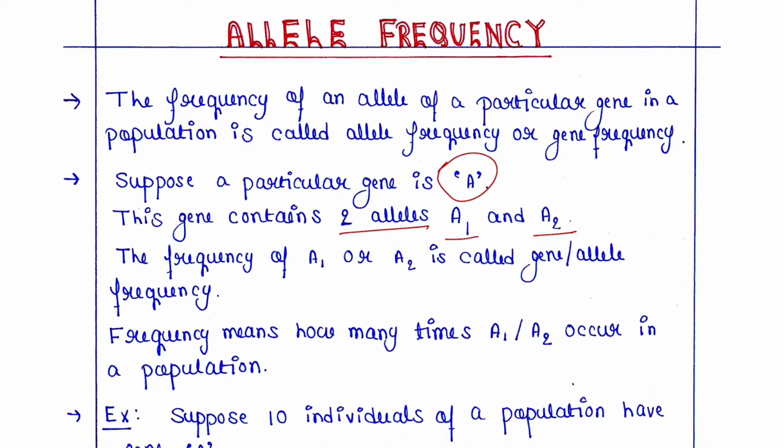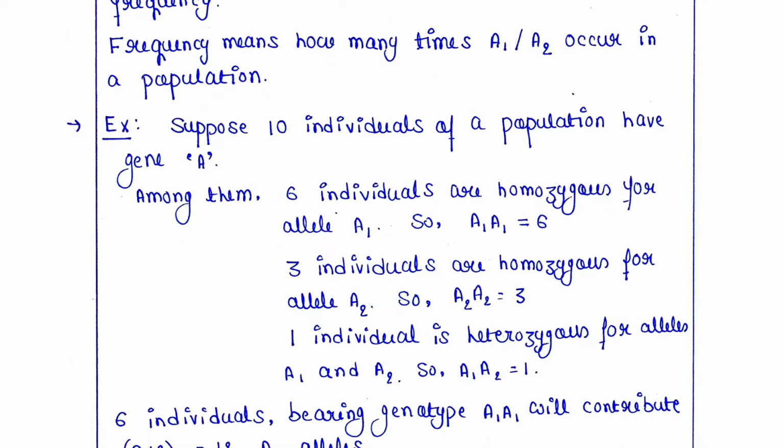Frequency means how many times the A1 allele or A2 allele occurs in a population. Suppose 10 individuals of a population have gene A. Among them, 6 individuals are homozygous for allele A1. So A1A1 is equal to 6, because 6 individuals have the A1 genotype. 3 individuals are homozygous for allele A2.